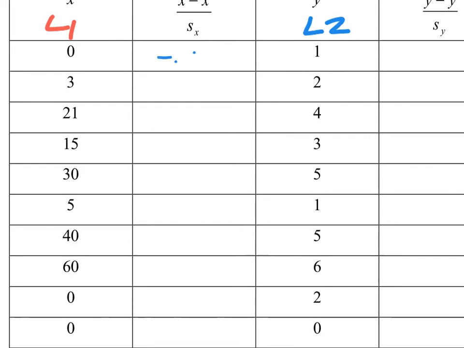About negative 0.85, negative 0.70, negative 0.18, or positive 0.18, negative 0.12. These are really just placeholders, so we're not really worried about rounding instructions, at least not for this. Negative 0.61.